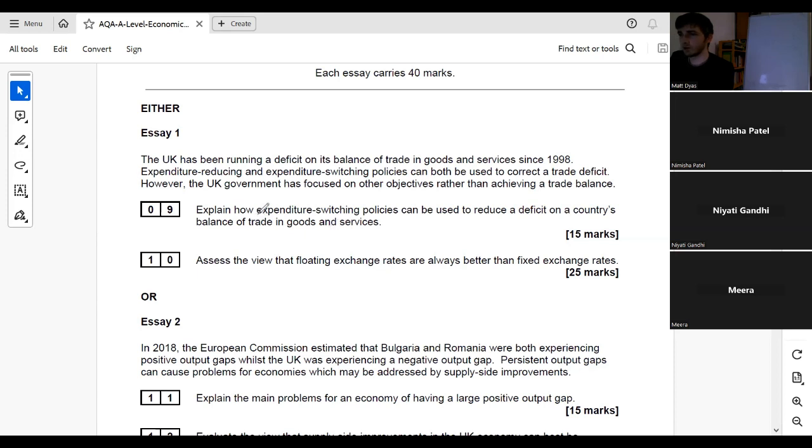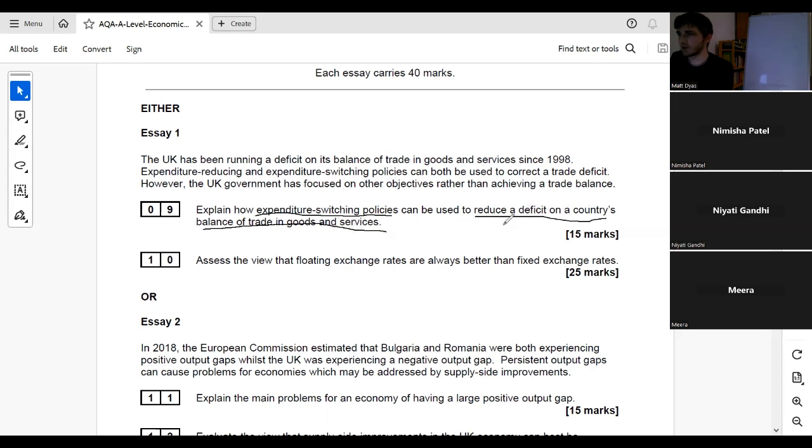So what you may not be familiar with, I would imagine, is this term, expenditure switching policies. But you should be familiar with what this means. Reduce a country's deficit on their balance of trade.